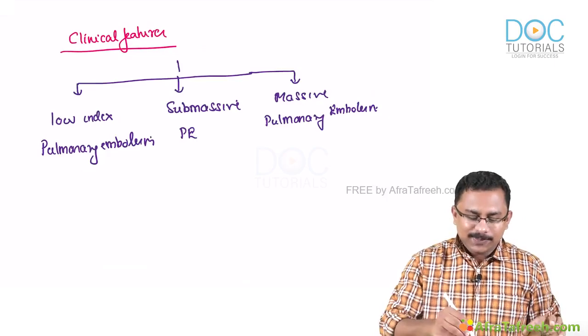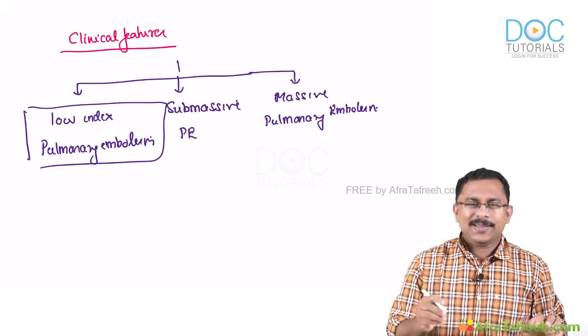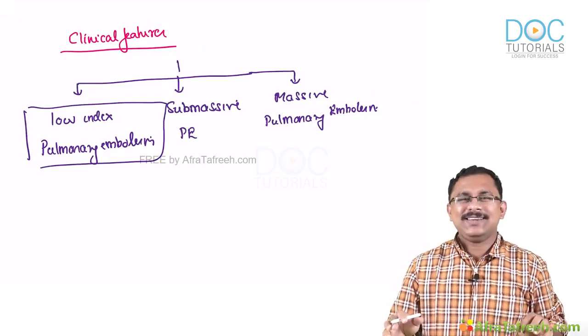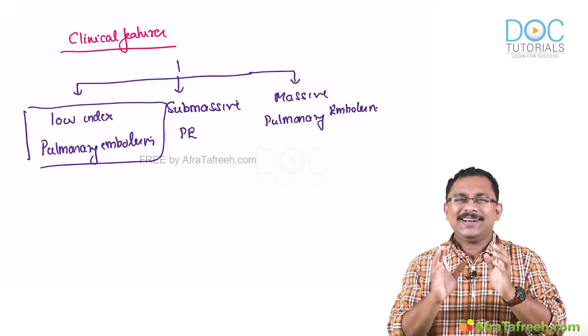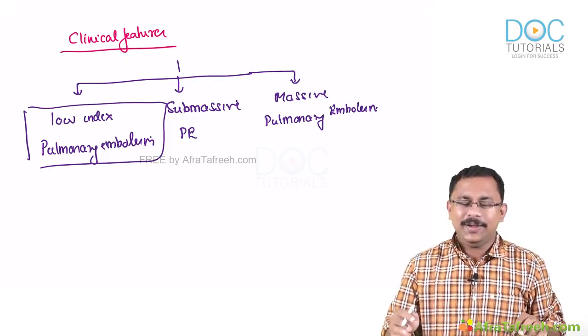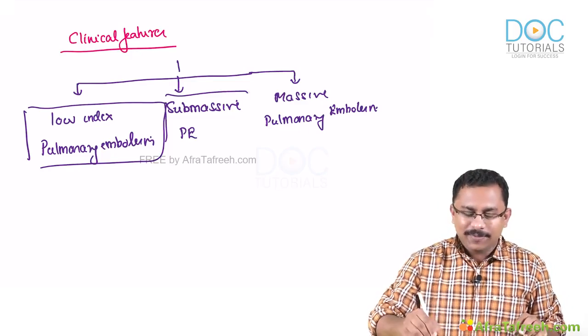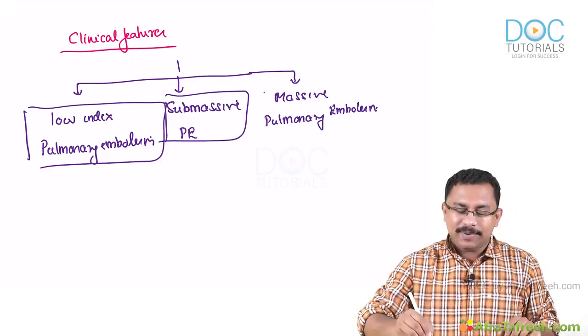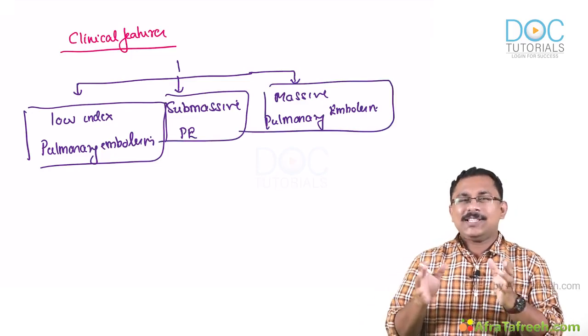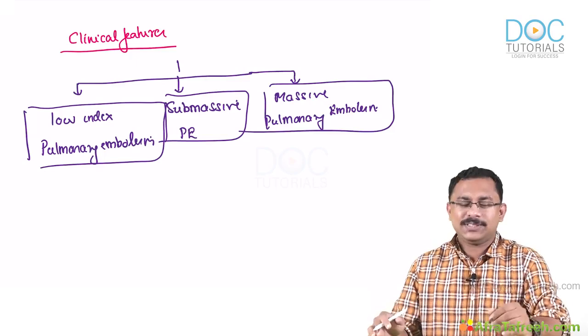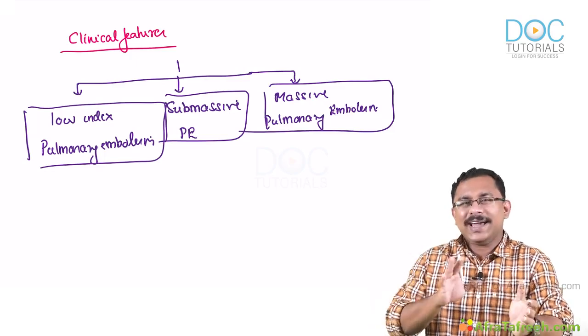So there are three scenarios. Low index pulmonary embolism means the patient is having some features, but again it's almost like a clinical suspicion. Submassive would be having more obvious clinical features, and massive will be the one in which the patient would be having severe symptoms. So I told you this can be a continuum.